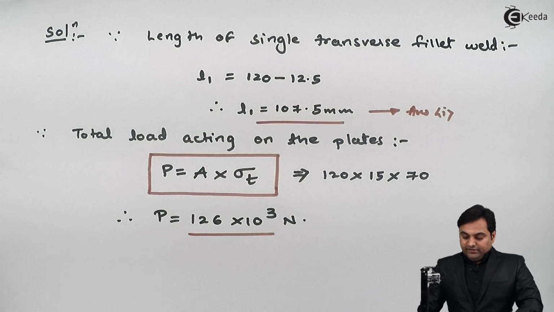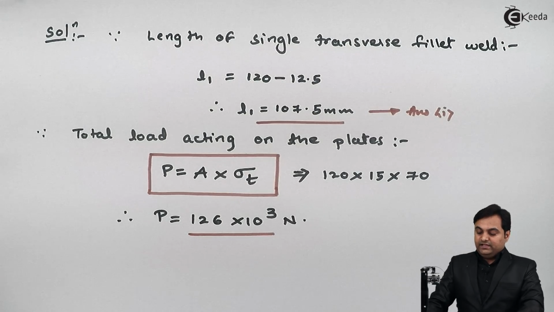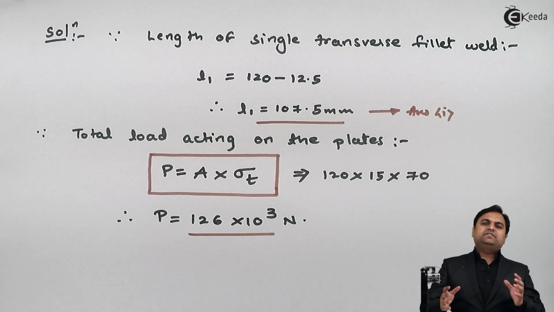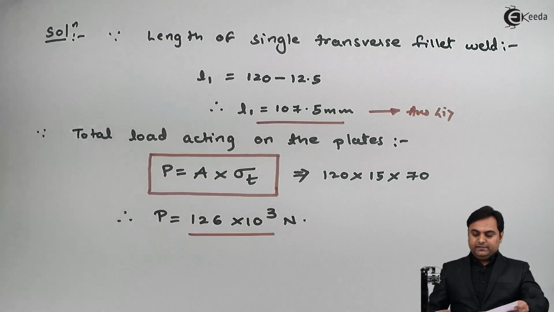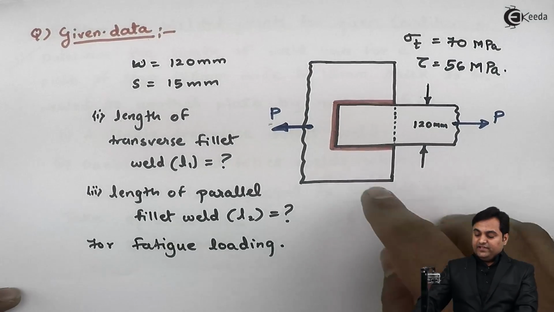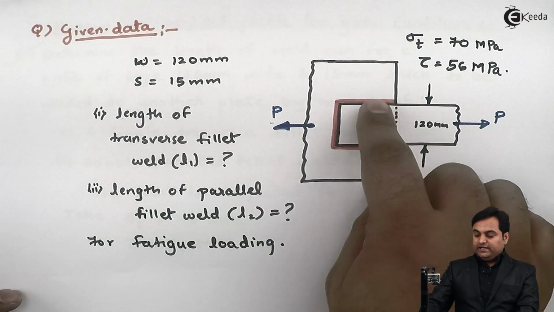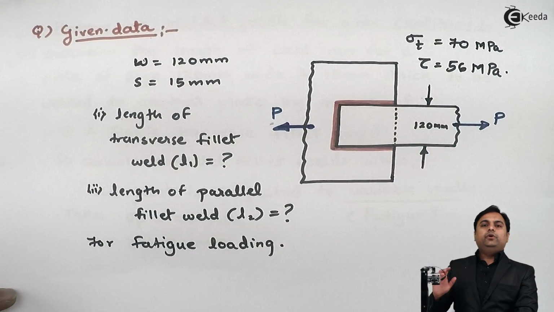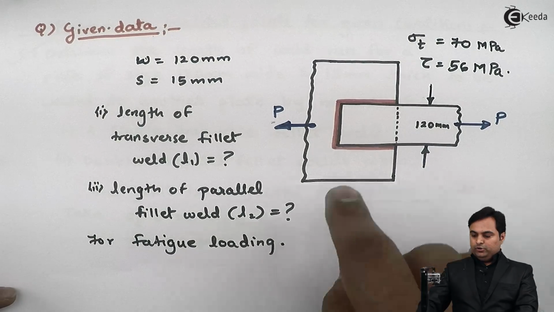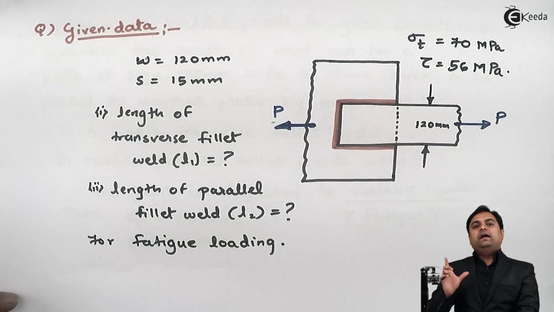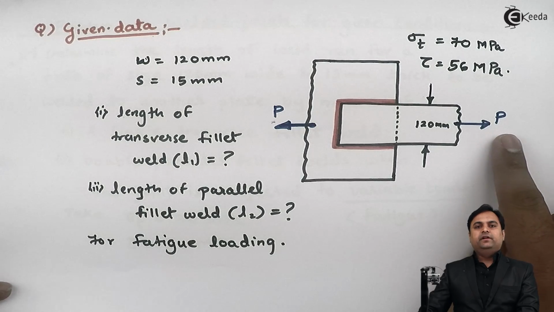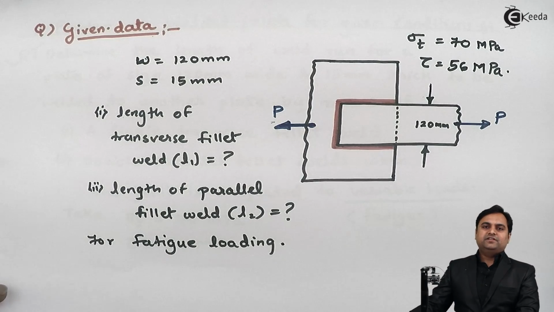Now after getting the value of load, the next thing which I need to calculate, that is how I am going to get the value of L2. For that, as we have single transverse fillet weld and double parallel fillet weld, we will be calculating the load carried by single transverse fillet weld, load carried by double parallel fillet weld, adding both the values of load and equating it to the value of P, and then we will get the final answer.